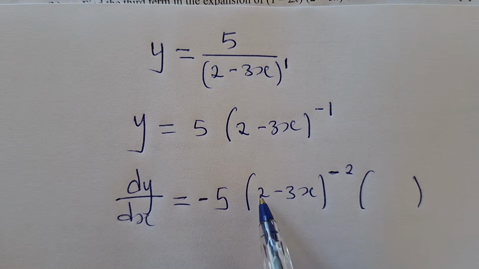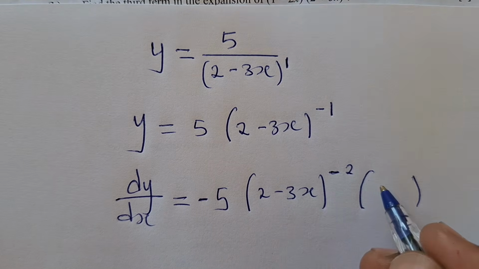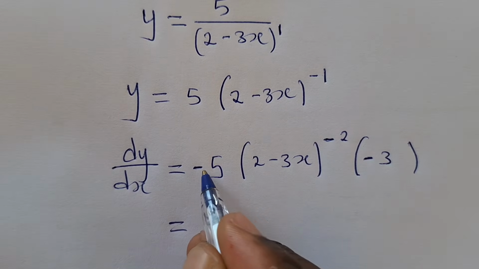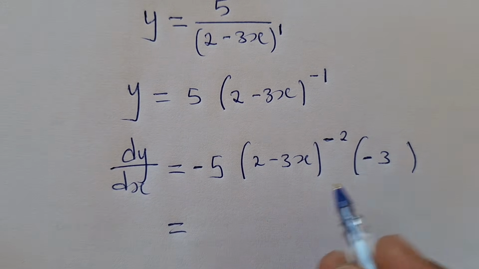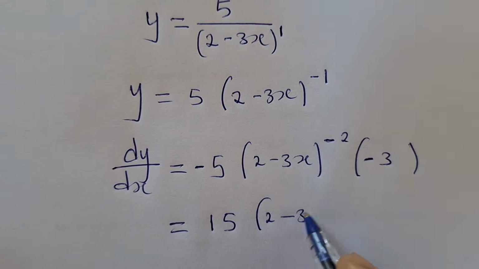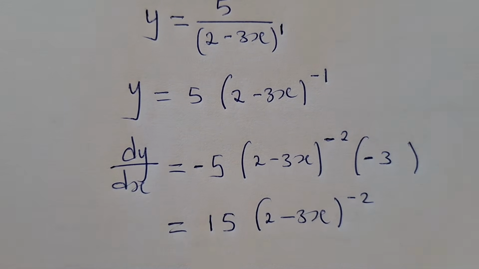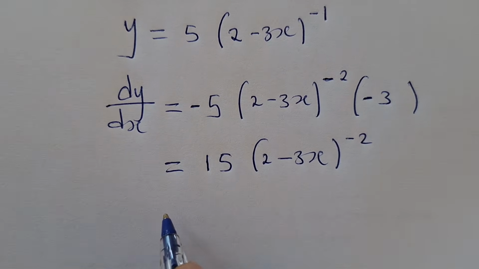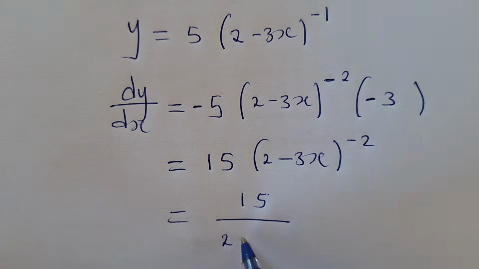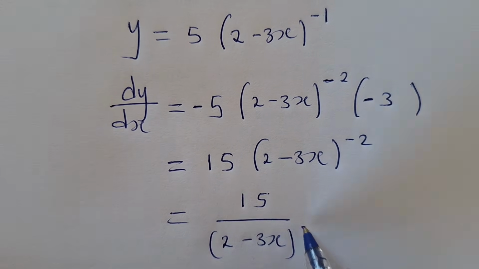What is the derivative of 2 minus 3x? It's minus 3. So you can multiply negative 5 times negative 3, which will give us 15. We've got 2 minus 3x power negative 2. Applying the laws of indices, this will be 15 over (2 minus 3x) power 2.